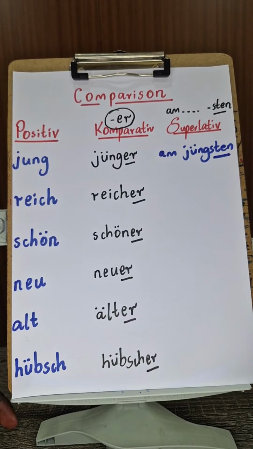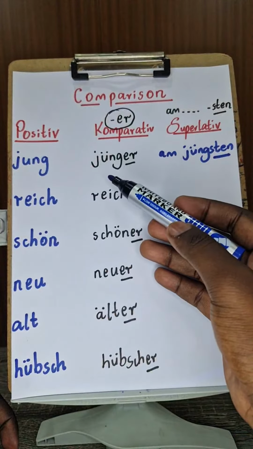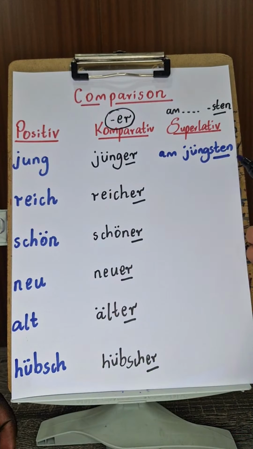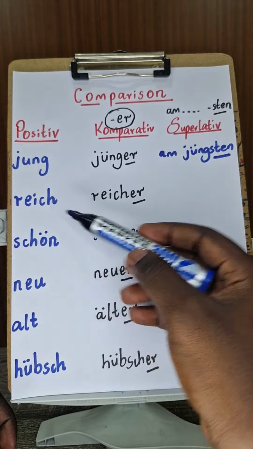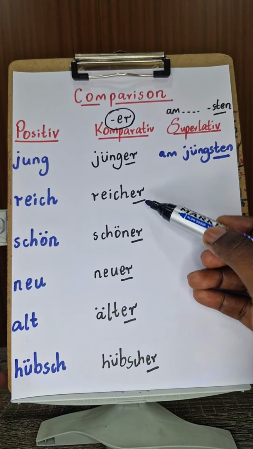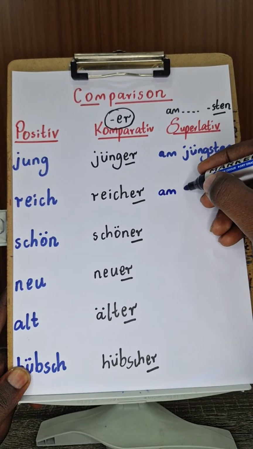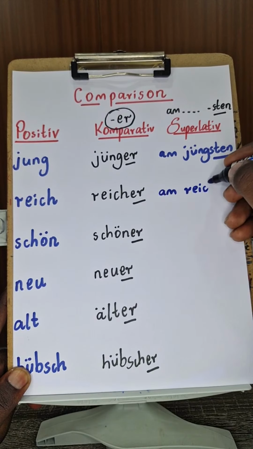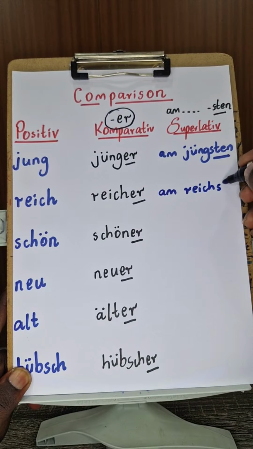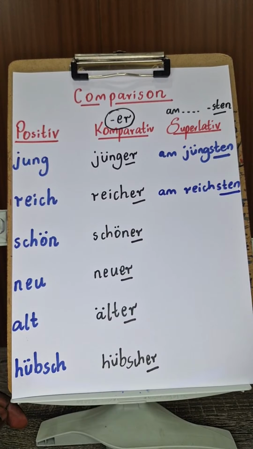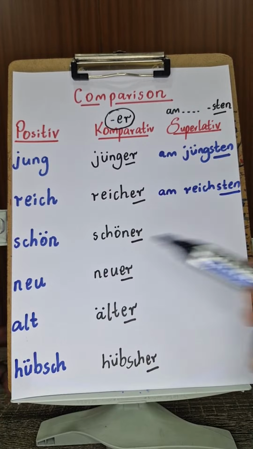Jung, jünger, am jüngsten. Reich, reicher, richer, and then richest: am reichsten. Reich, and then I add -sten. Reich, reicher, am reichsten.